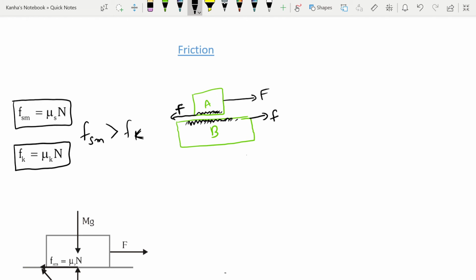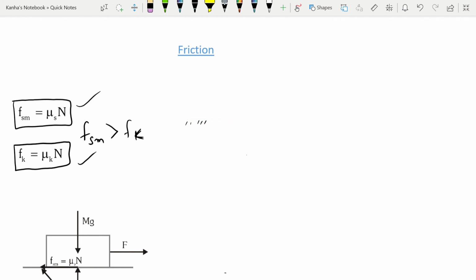What this means is, when you're trying to start the motion, at that time you will get the static frictional force, and when you are already in motion, then you will be experiencing the kinetic frictional force. And how does this work? The static frictional force will try to balance whatever force you are trying to apply, till a limit.